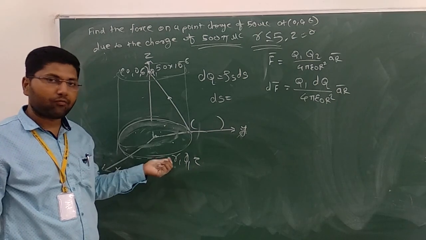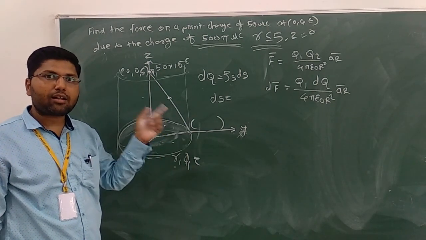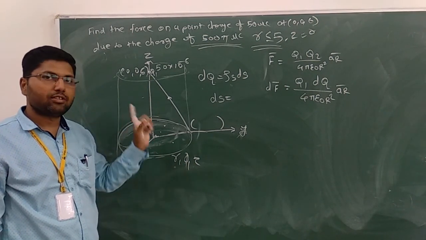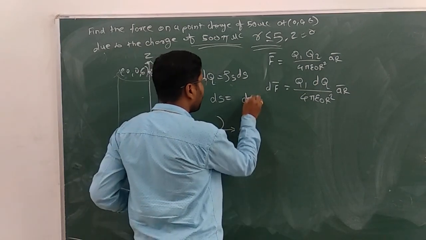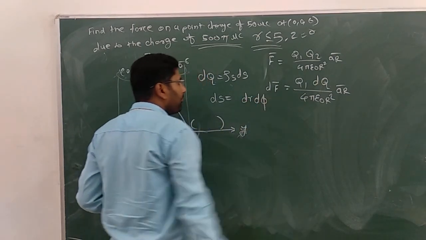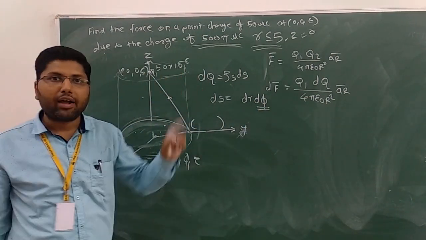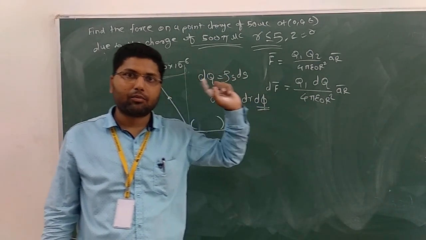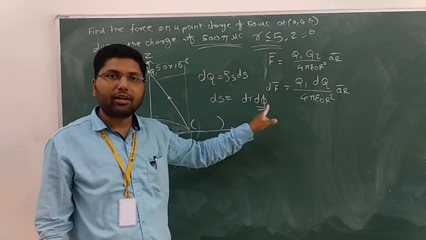So what is varying? Radius and phi. So dr, d phi is the value and z is the constant. While calculating ds, you require dr and d phi. But we can't write only d phi. When we were writing the cylindrical coordinate system, we can't write only a d phi.